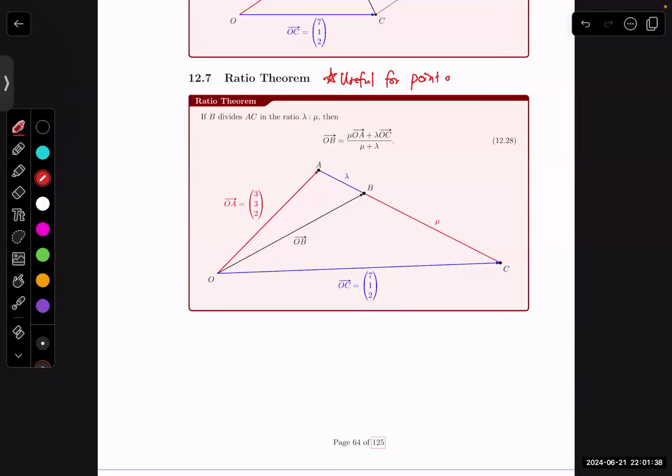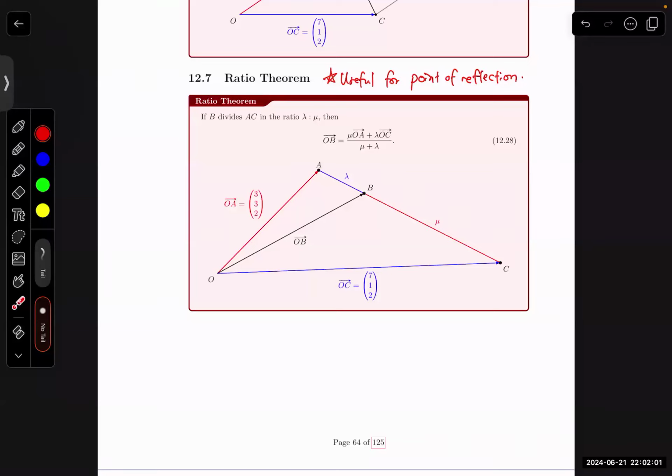The foot of perpendicular is needed for the point of reflection, so you need to find the foot of perpendicular, then apply the ratio theorem. But let's talk about the ratio theorem first. I don't recommend trying to understand it. Just remember how it looks.